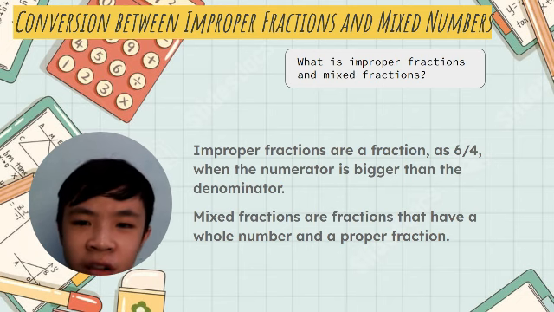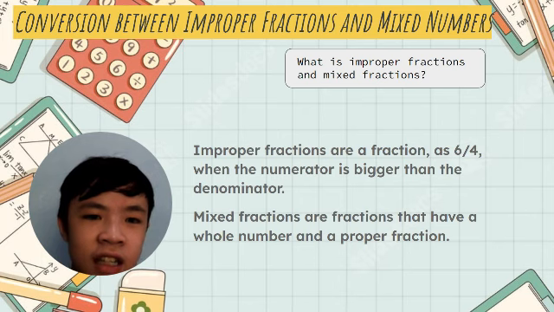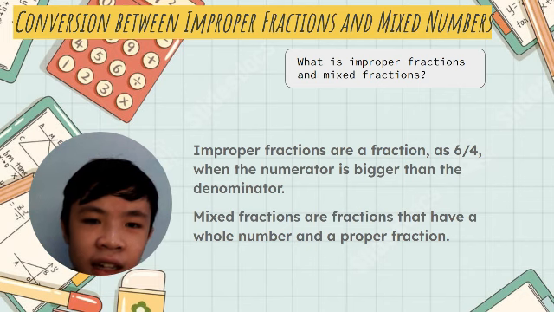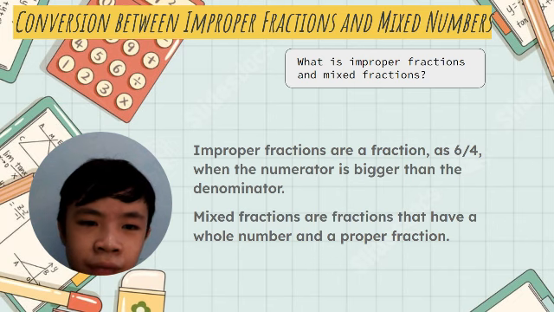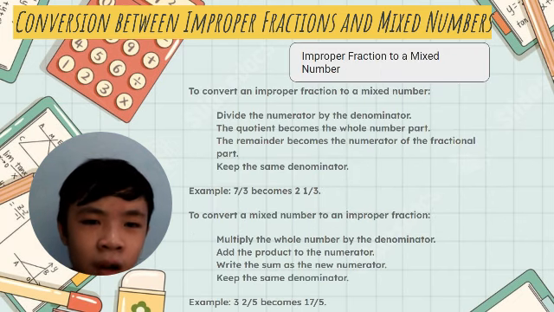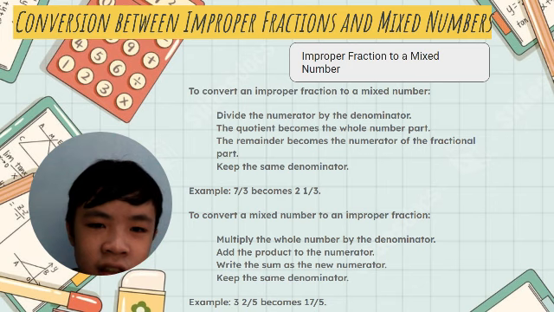Let's talk about improper fractions and mixed numbers. An improper fraction is a fraction where the numerator is larger than the denominator, like 6 over 4. On the other hand, a mixed fraction is a combination of a whole number and a proper fraction. If we have an improper fraction and want to convert it to a mixed number, here's what we do.